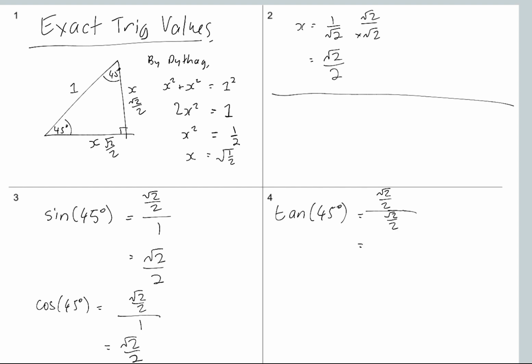Anything which is over itself is 1. So we have root 2 on 2, root 2 on 2, and 1 as being our 3 exact values for sine, cos, and tan of 45 degrees.